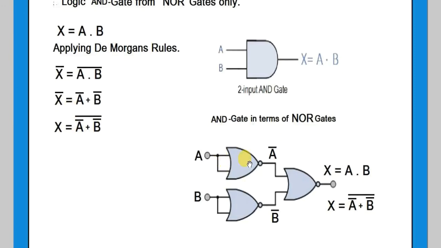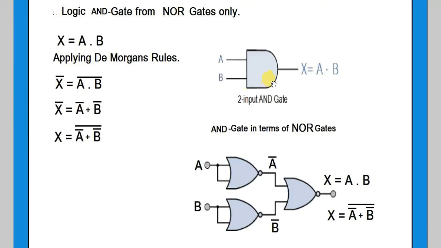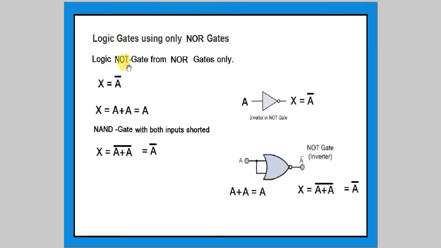From input A we get A complement, from input B we get B complement, and when both are fed into the third gate, we get A complement plus B complement of whole complement, which gives X is equal to AB. That's how we express the AND gate in terms of the NOR gates only.